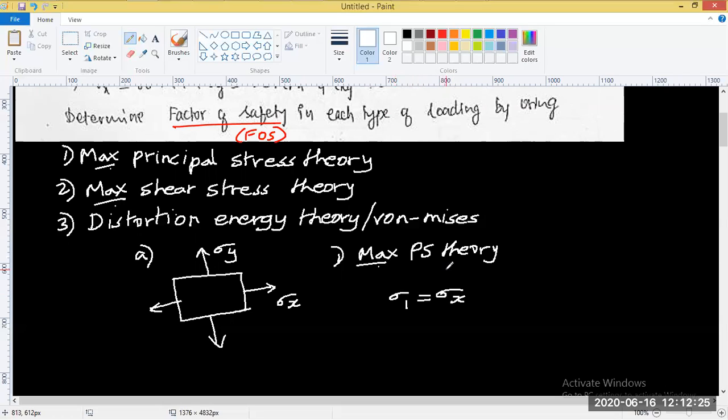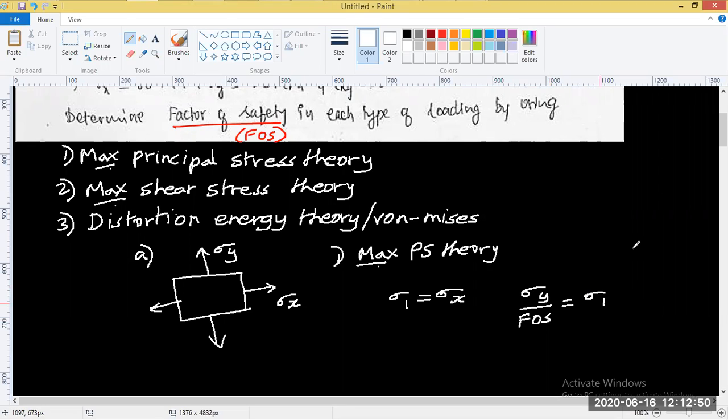So sigma 1 is equal to sigma x, and I can just write sigma y by n. So this is the safety factor, right? Yield over the factor of safety. I can denote it as n or FOS, whichever you feel is suitable. There is sigma y over FOS equal to the maximum stress, sigma 1.